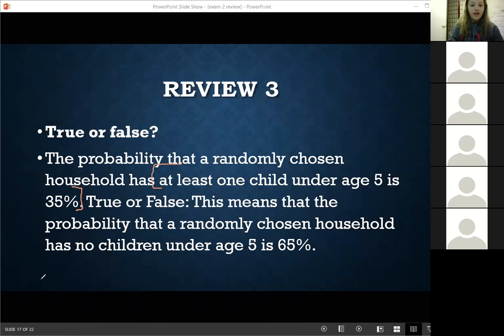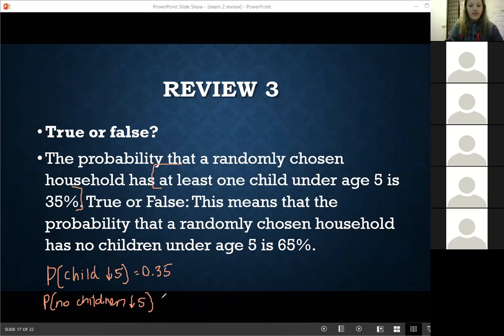So if we're trying to find the probability of, I'll just put probability of child under 5, and then this is going to be 0.35. And we're looking for the probability of no children under age 5.